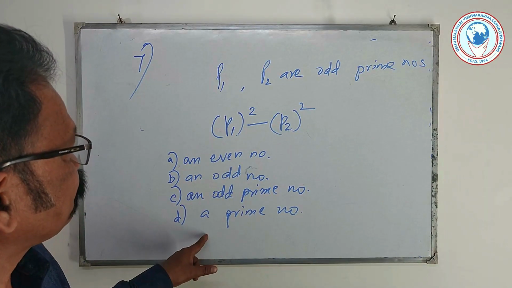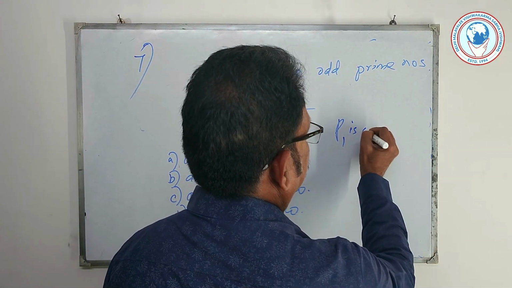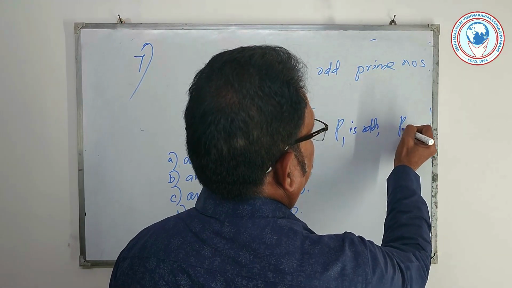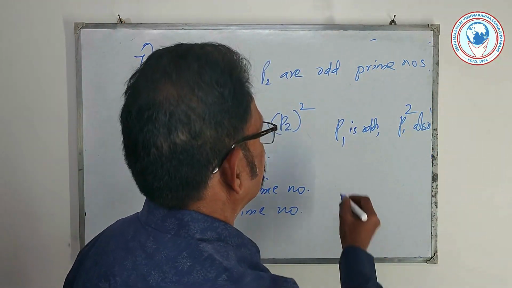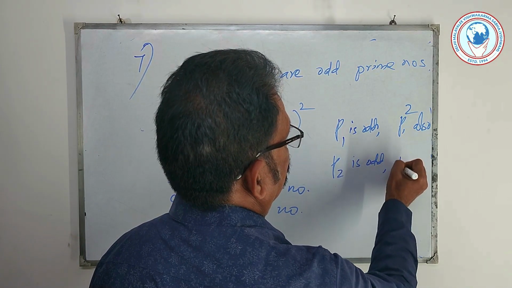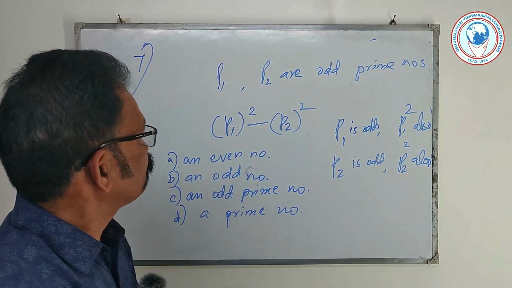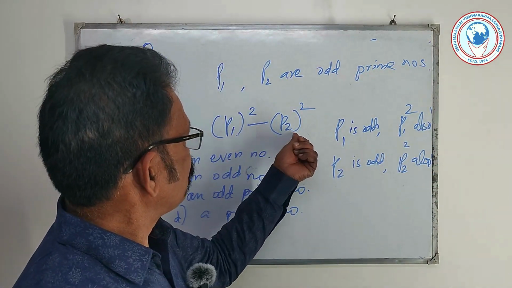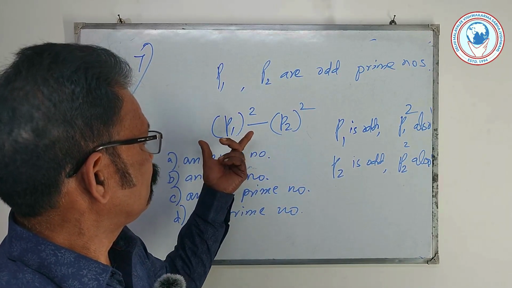These are the options. Since P1 is odd, P1 square is also odd. P2 is odd, P2 square is also odd. So here P1 square minus P2 square is the difference of two odd numbers.